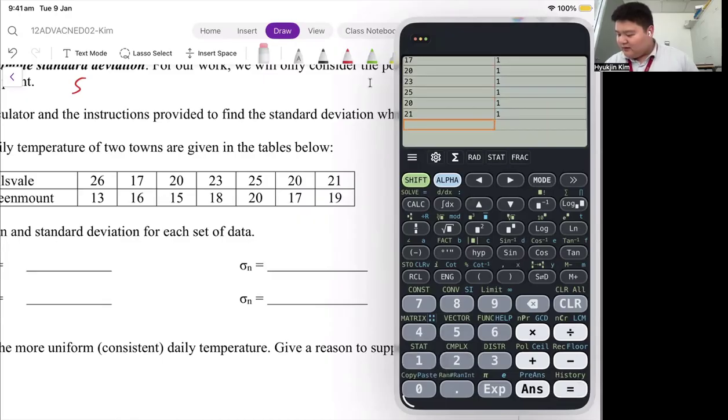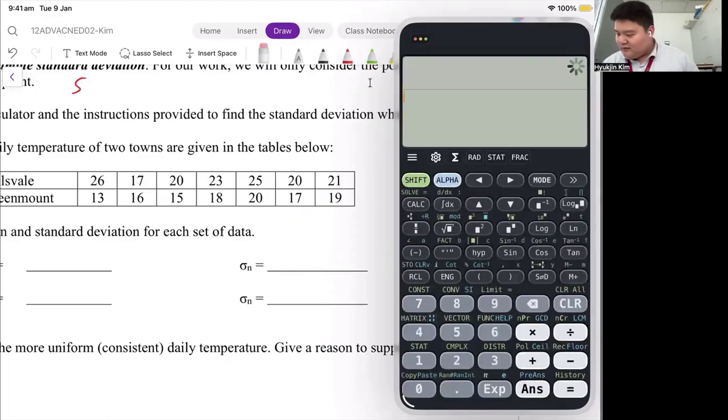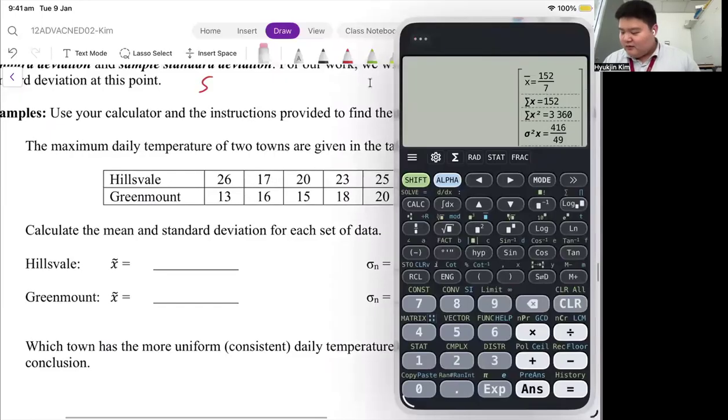And then, oh my God, this does the whole thing for me. Jeez Louise. Yeah, I'm happy with that. 152 over 7. So that is the same as 21 point something.